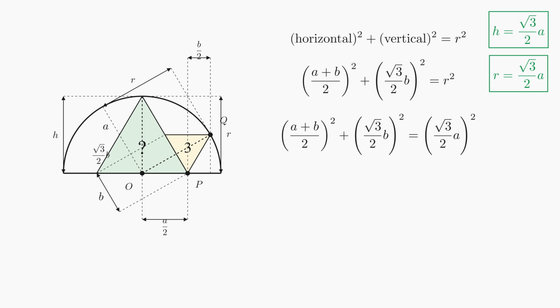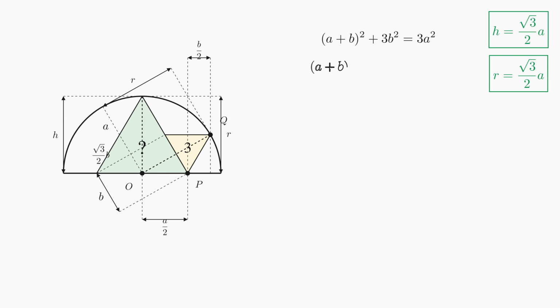And we know r equals square root of 3 over 2 times A. Let's simplify each squared term. Multiply everything by 4 to clear the denominators. Let's expand (A plus B) squared. Substituting back into our equation.